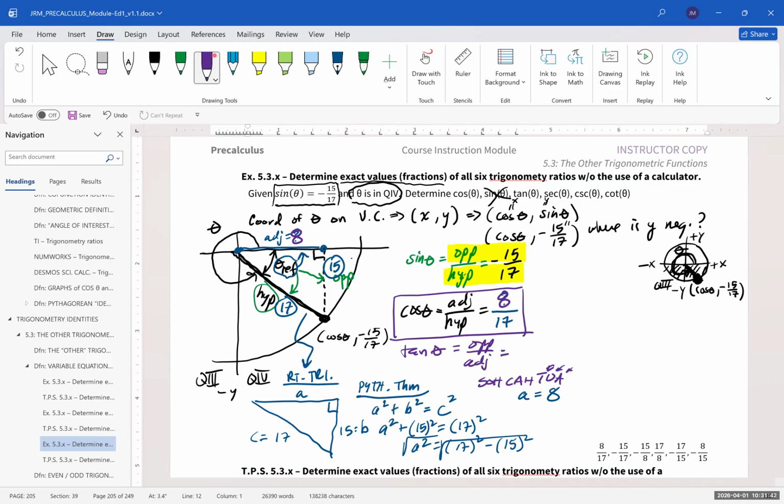And so the length of the opposite side was 15, and the length of the adjacent side, we just found out, was 8. So that's tangent theta. And now let's look at the reciprocal of sine. The reciprocal of sine is cosecant. And that's just going to be the flip side, so the flip of numerator and denominator.